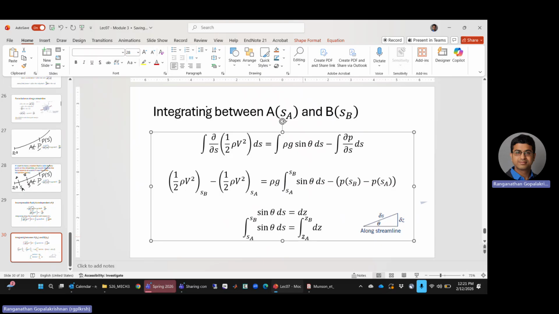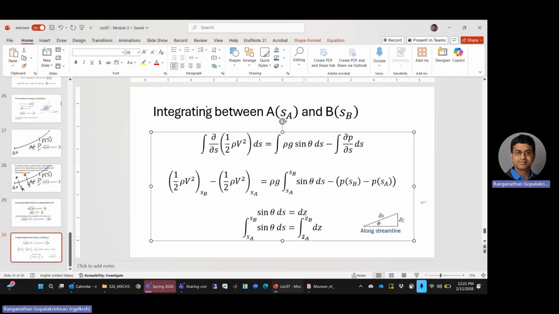Integral of dz from ZA to ZB between points A and B. How will you say ZB minus ZA in words, if Z is the vertical coordinate? Say it. Change in height or change in elevation. If you have a streamline, you pick 2 points.